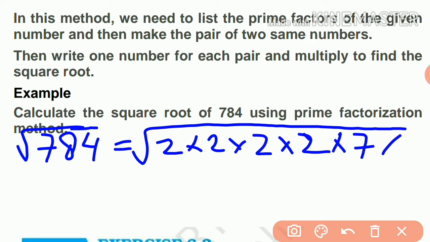We take pairs: this is one pair of 2, this is another pair of 2, and this is the pair of 7.